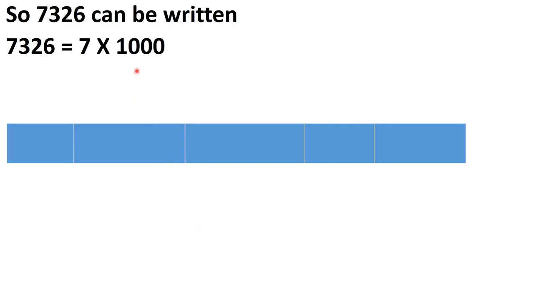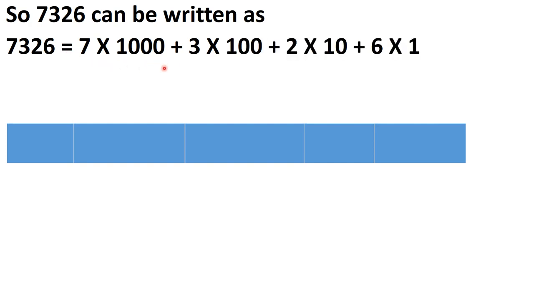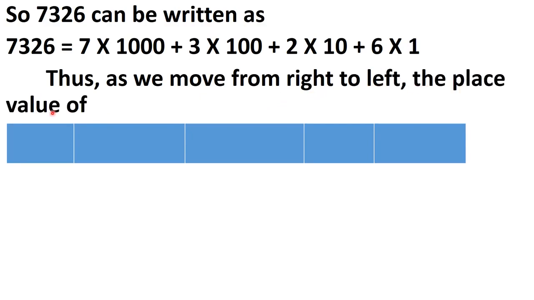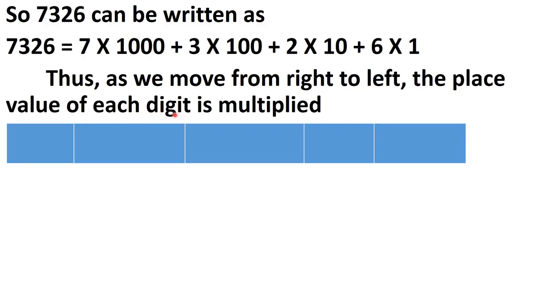So 7326 can be written as 7 multiplied by 1000, as 7 is at thousands place, plus 3 multiplied by 100, as 3 is at hundreds place, plus 2 multiplied by 10 and 6 multiplied by 1. You have done this expanded form in your previous classes also. Thus, as we move from right to left, the place value of each digit is multiplied by 10.